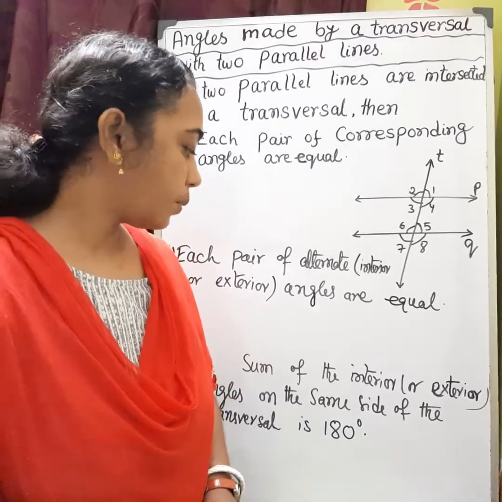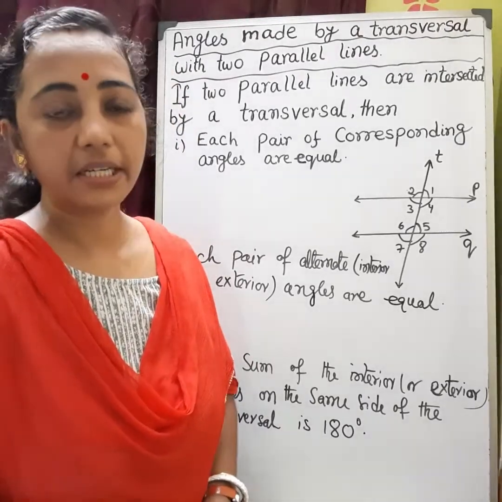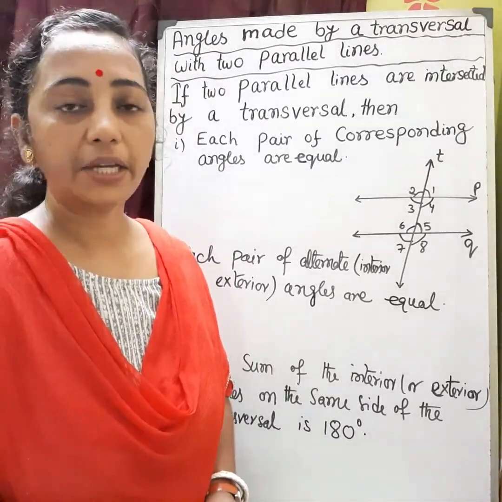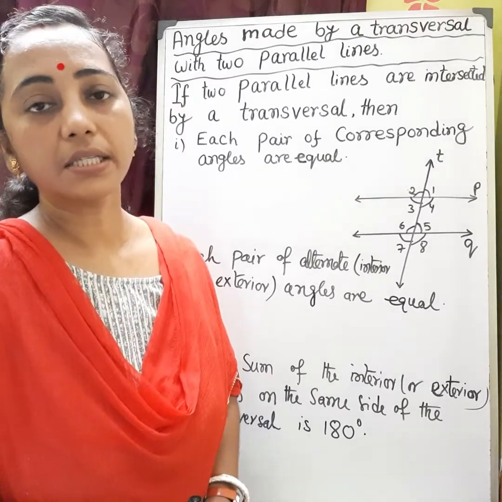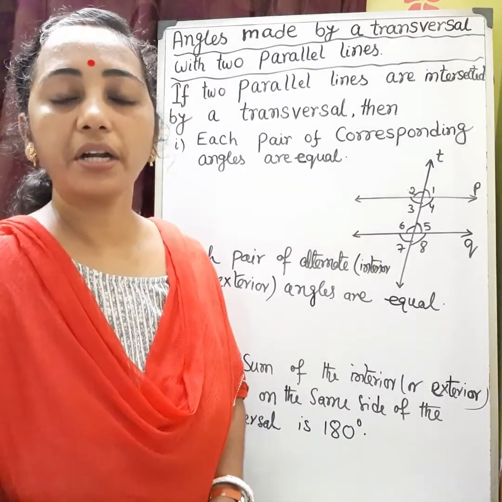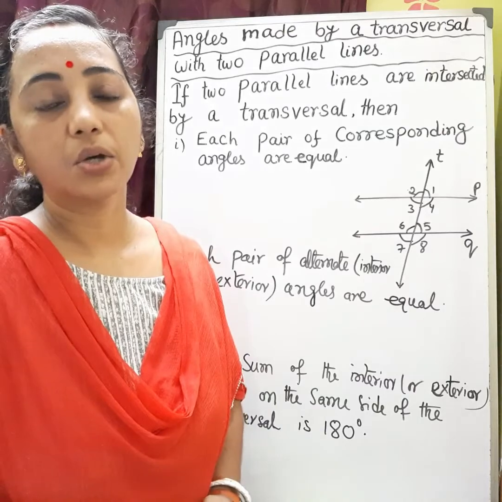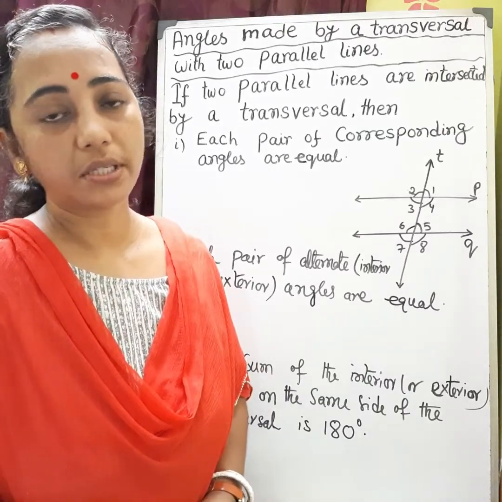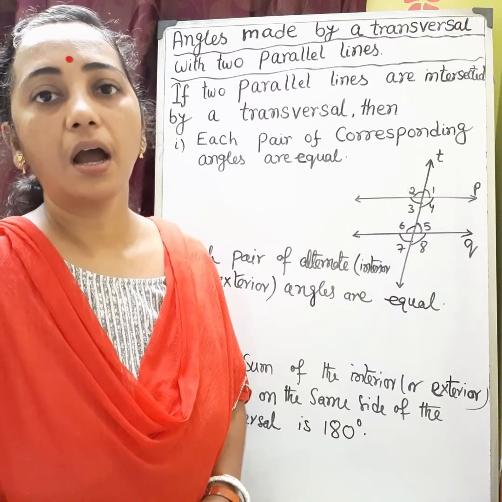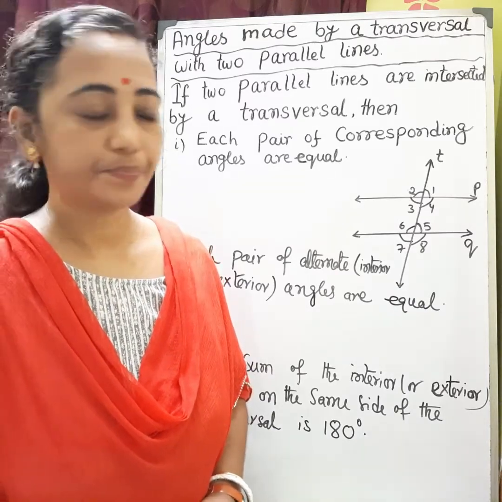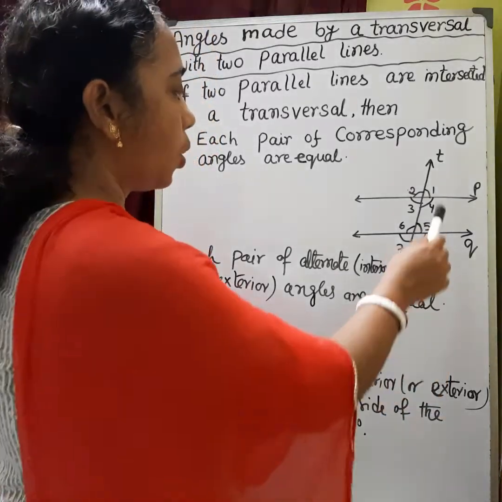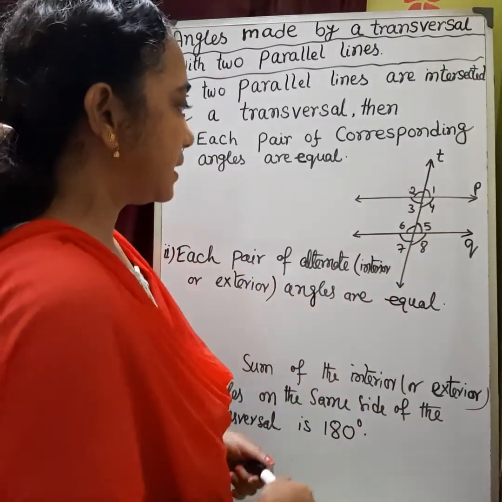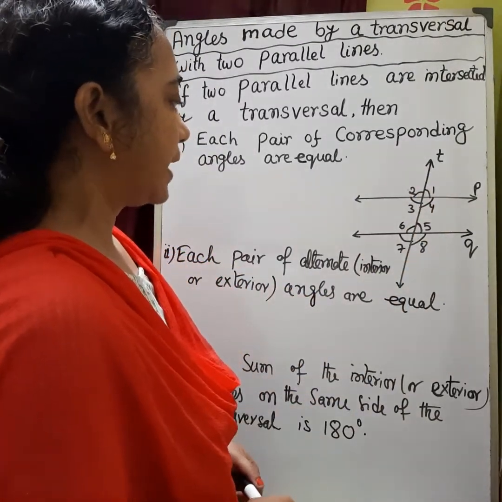Also, the sum of the interior or exterior angles on the same side of the transversal is 180 degree. Or in other words, the co-interior angles or the co-exterior angles on the same side of the transversal are supplementary.